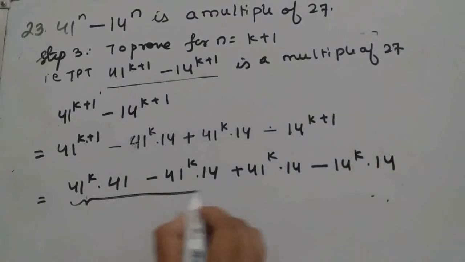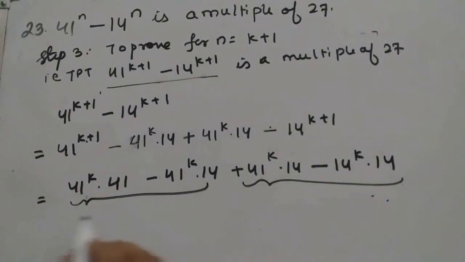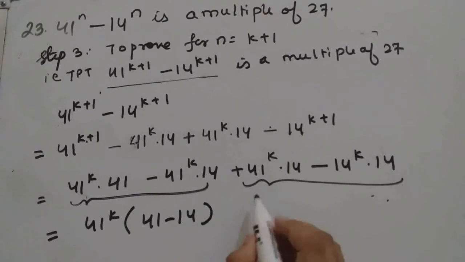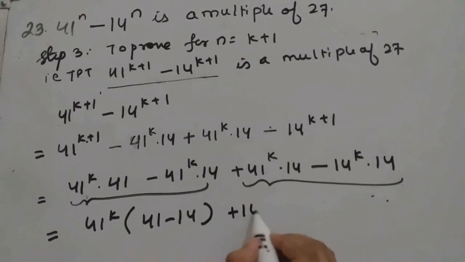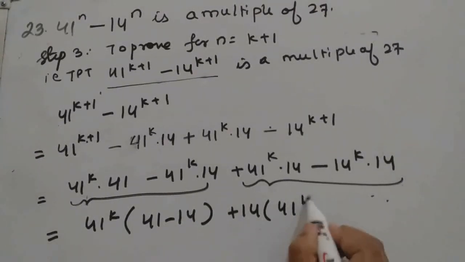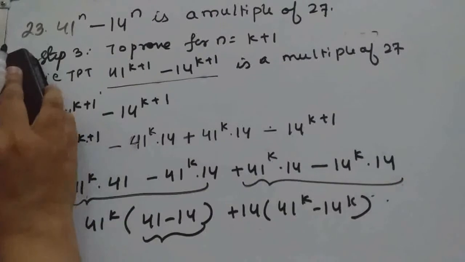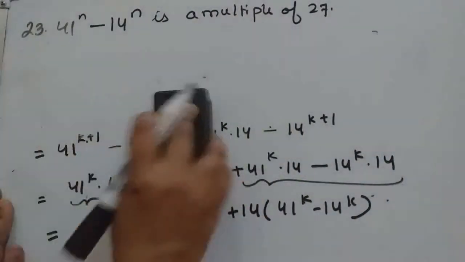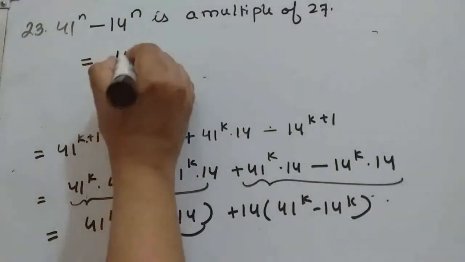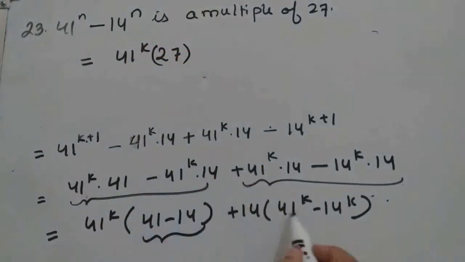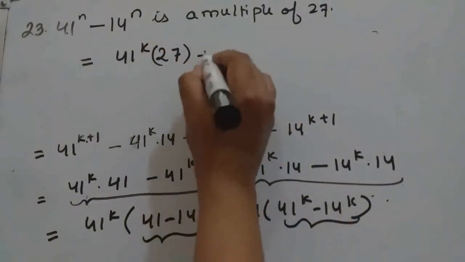So from these two terms we will take common. Okay, so 41 power k, 41 minus 14. Here we will take 14 common. So 41 power k minus 14 power k. So see, this is 27. And from equation 1, this one is 27a.